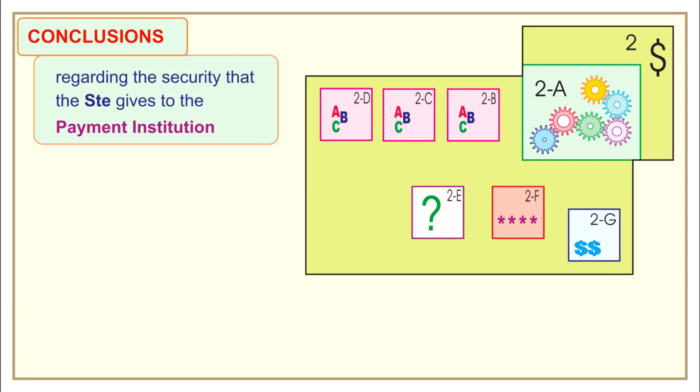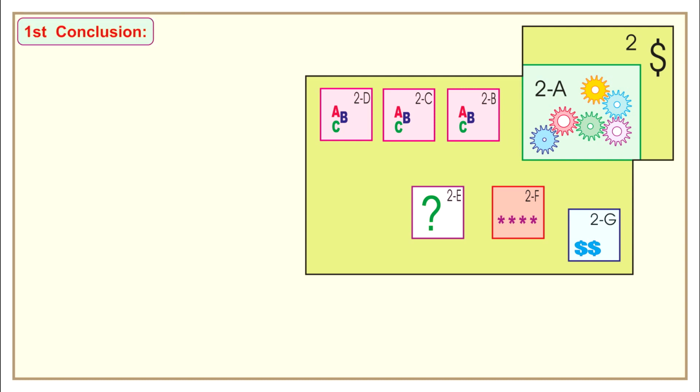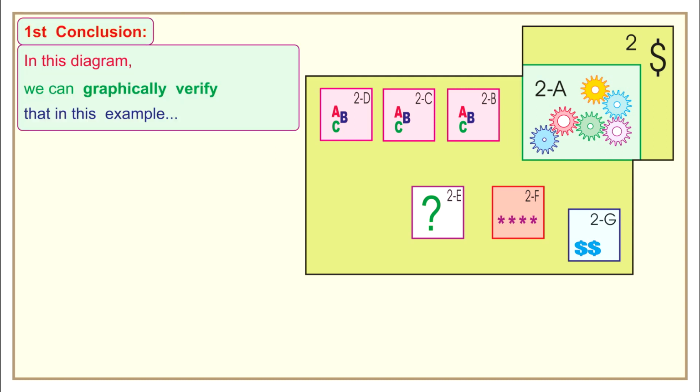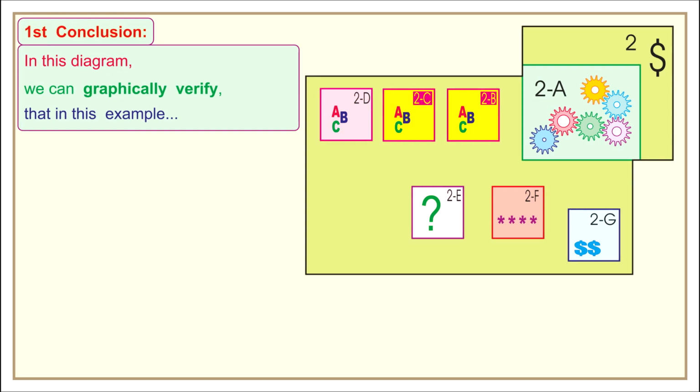Conclusions regarding the security that the STE gives to the payment institution. First conclusion. In this diagram, we can graphically verify that in this example, the payment data of the buyer-payer is located in 5 departments: 2B, 2C, 2D, 2E and 2F.